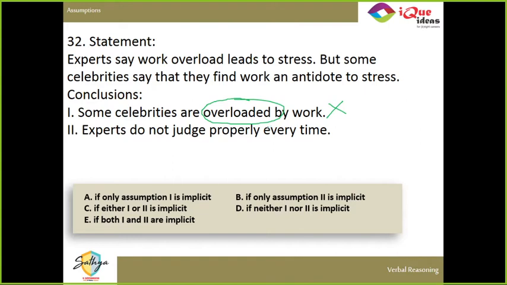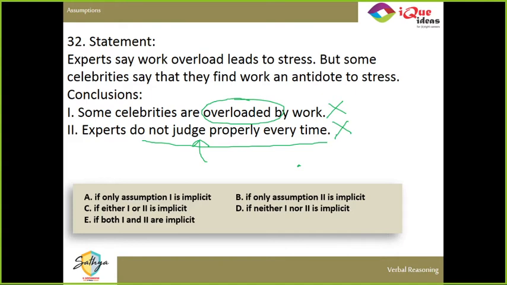Now, do I need to assume that experts do not judge properly every time? Do I need to assume the second one? No, right? Because I cannot say celebrities are correct. Just because celebrities are saying something other than what experts are saying does not necessarily mean that celebrities are correct and experts are wrong.